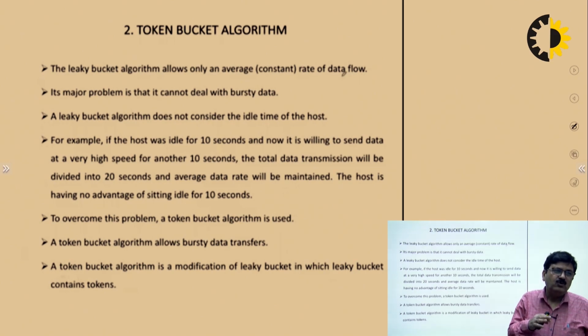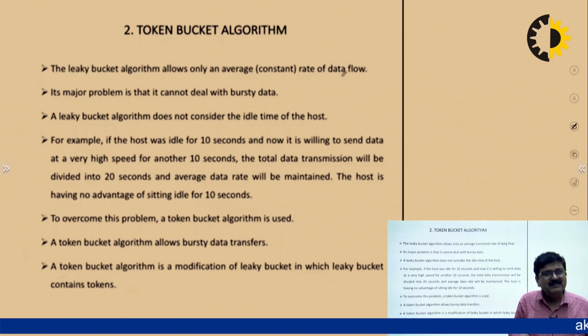If the host is idle for 10 seconds and then wants to send data at a very high speed for another 10 seconds, the total data transmission is spread over 20 seconds. The average rate is maintained, and the host gets no advantage from sitting idle. Ultimately there is a delay, because the output of the bucket is constant.